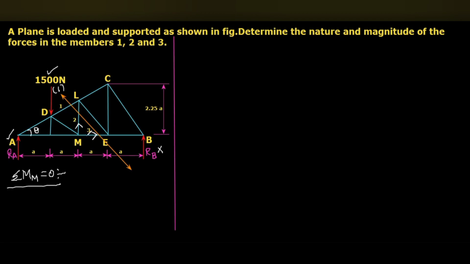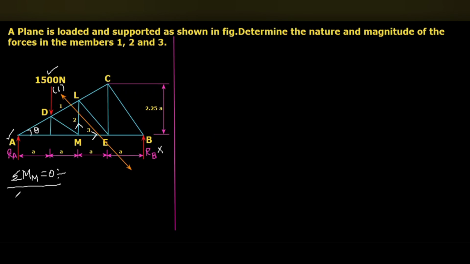So first, when I take moment from point M, this RA multiplied with 2A will be in clockwise direction. RA into 2A will be in clockwise direction. 1500 multiplied with this A will be in counterclockwise direction. First I'm going to write the summation of moment equal to 0.